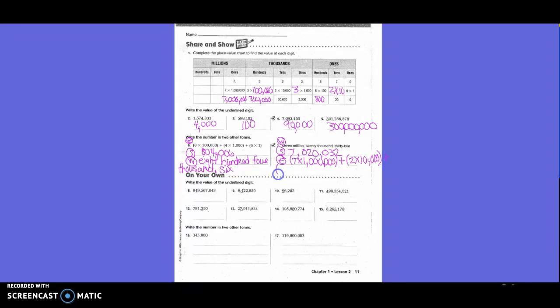Plus, parentheses, the next number I see is 3 times, and what place value is that in? 10, right? Plus, the next number I see is 2, and what place value is that in? 1.